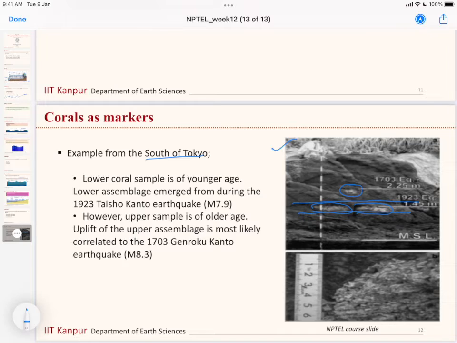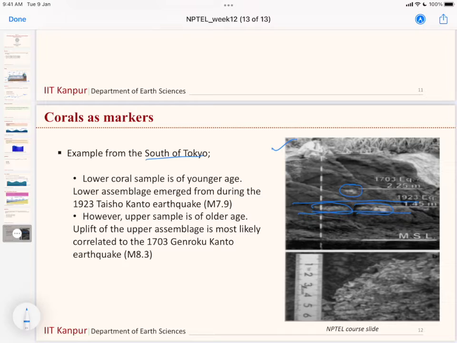Now in a geological sense, in the geochronological order, you always have an older rock lying below the younger rock. This is the natural sequence, but here the sequence got disrupted.